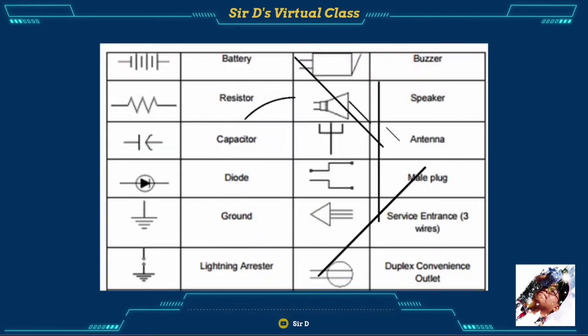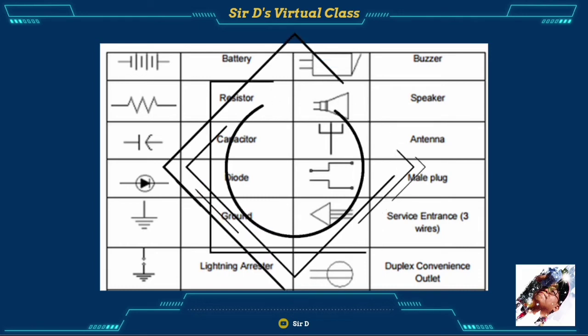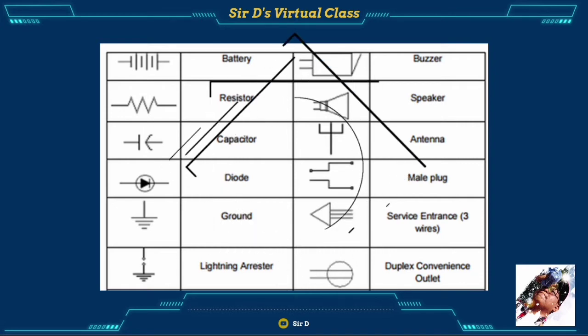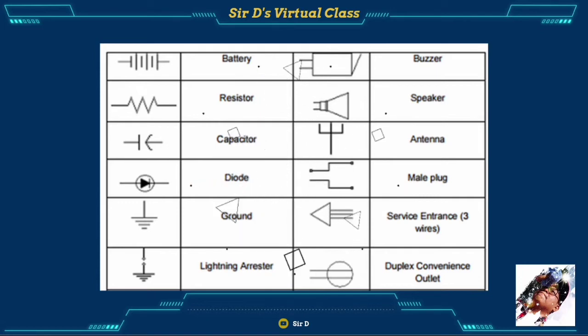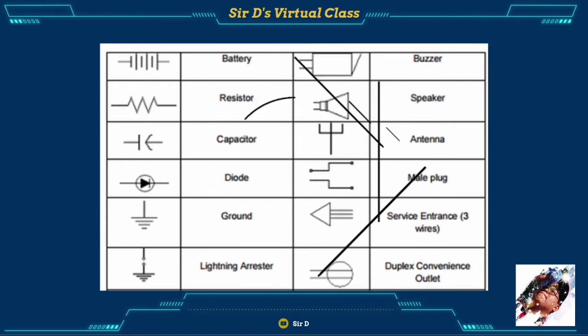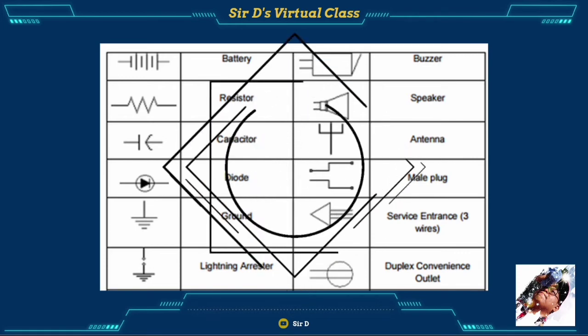We also have symbols for a battery, resistor, capacitor, diode, ground, and the lightning arrestor. Buzzer, speaker, antenna, male plug, service entrance having 3 wires, the duplex convenience outlet. Check it out very well.